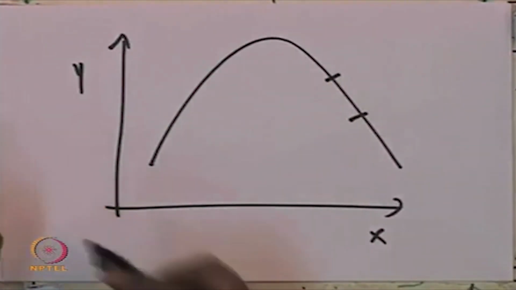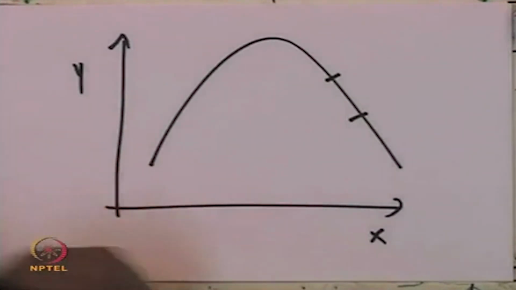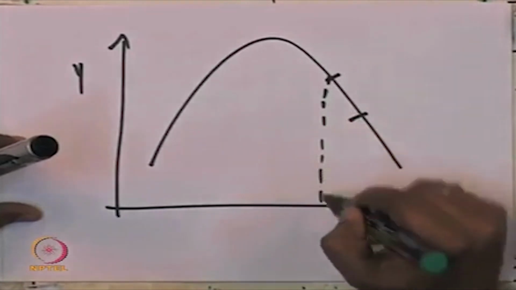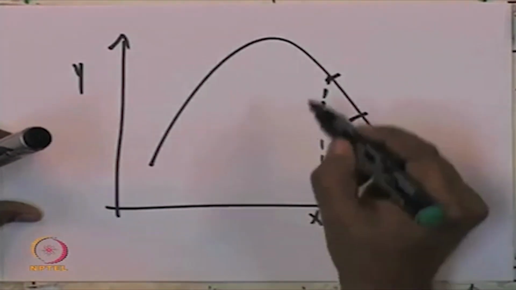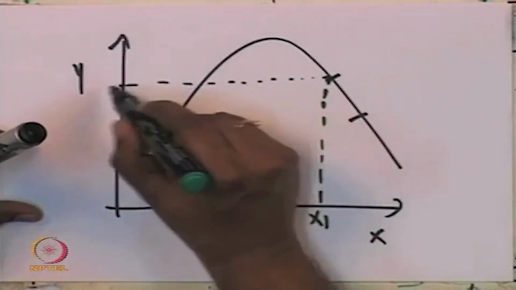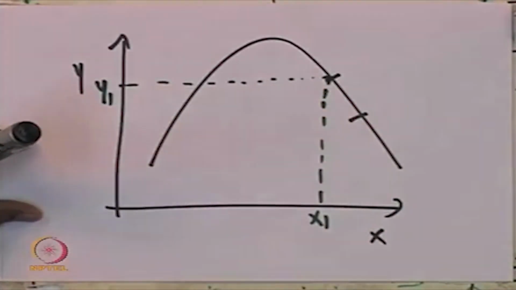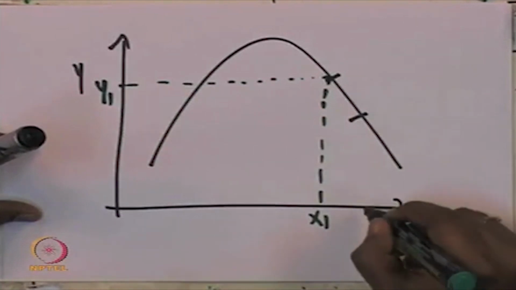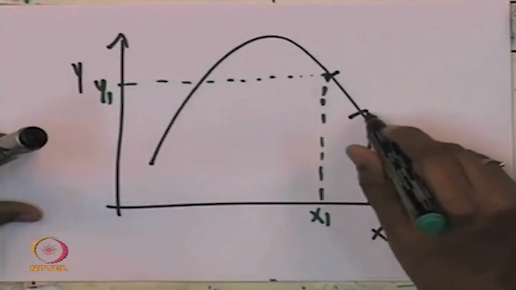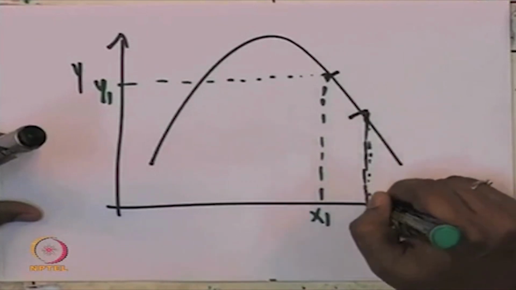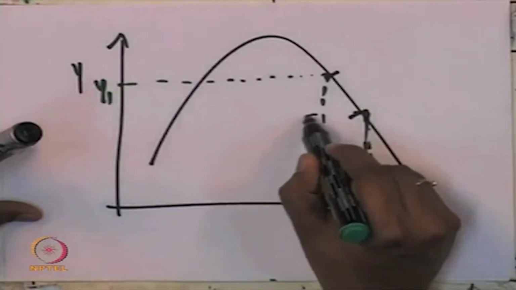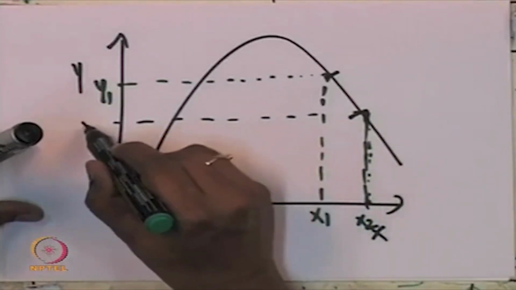If we mark x1, the corresponding point is y1. Now, let us mark x2, and the corresponding point here is y2.